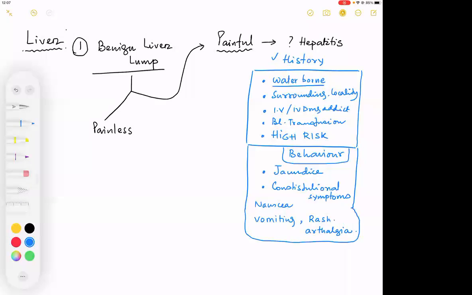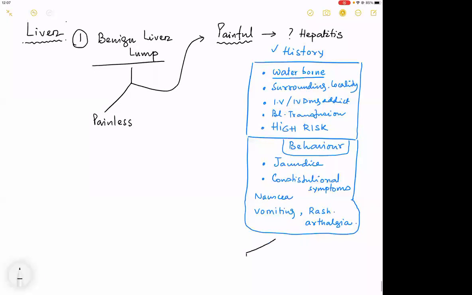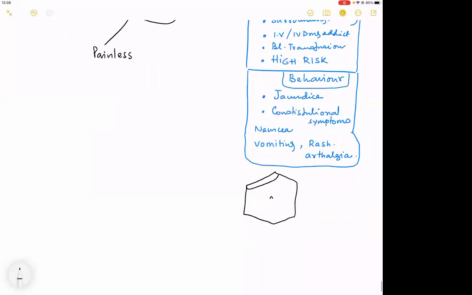When you palpate this patient, what is the finding that you observe? The liver is usually tender and firm.